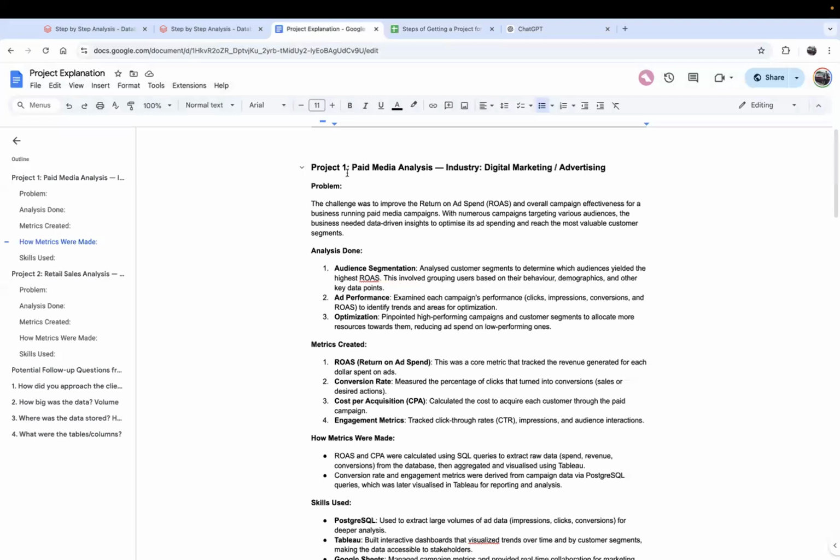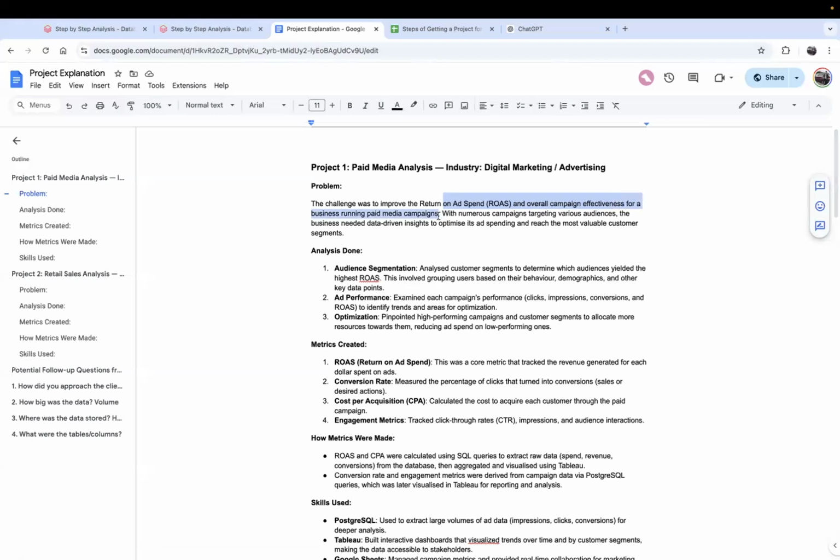So this is basically a project which is named paid media analysis, and it is related to digital marketing and advertising. So now if you see here, there is a problem. So the challenge was to improve the return on ad spend and overall campaign effectiveness for a business running paid media campaigns.